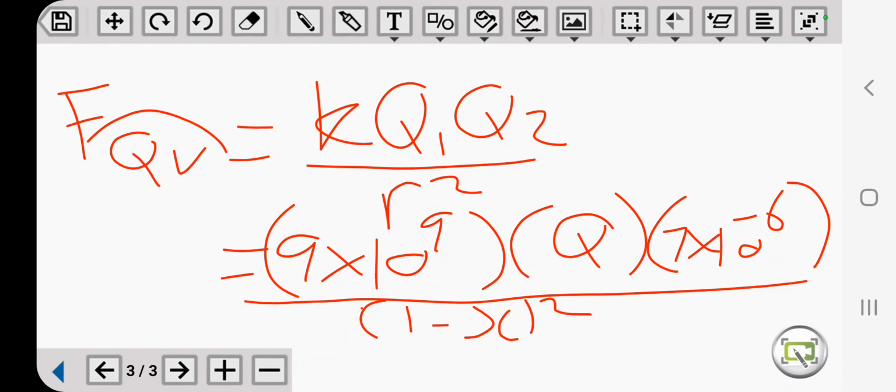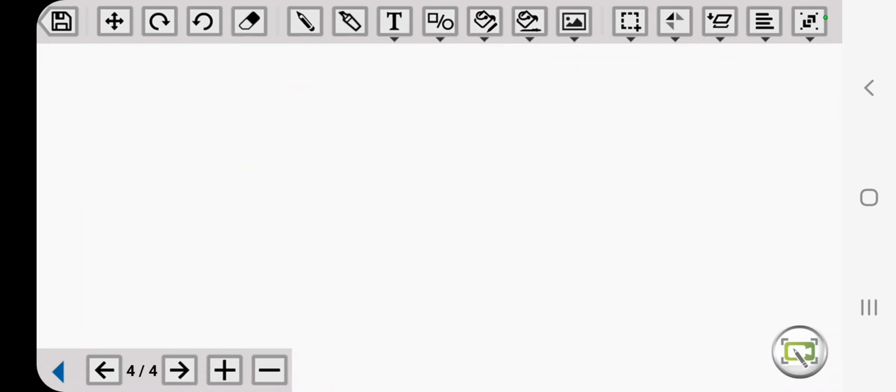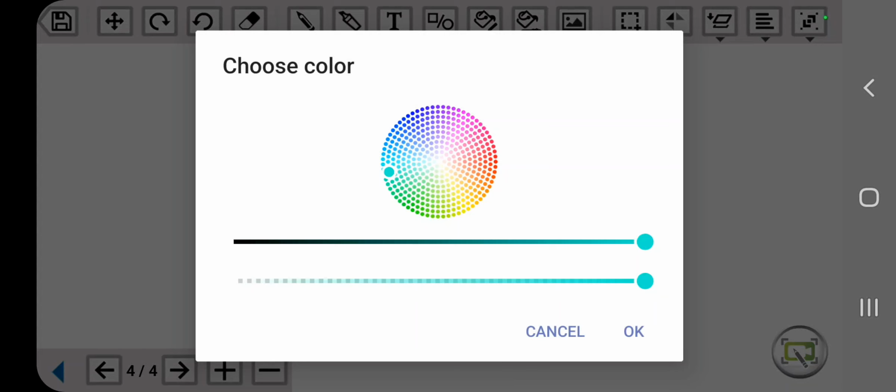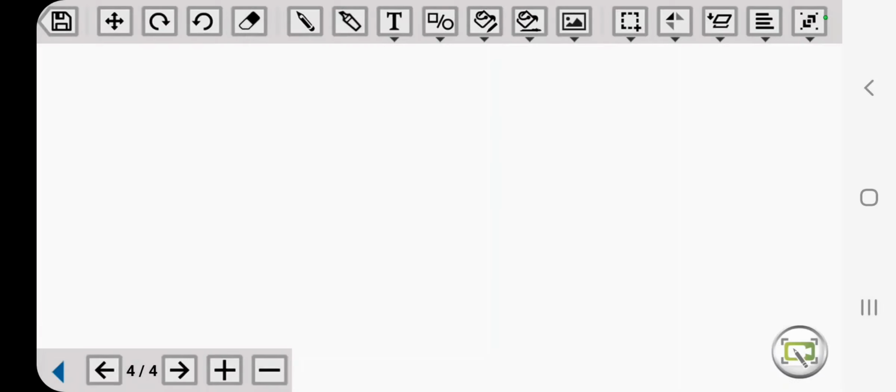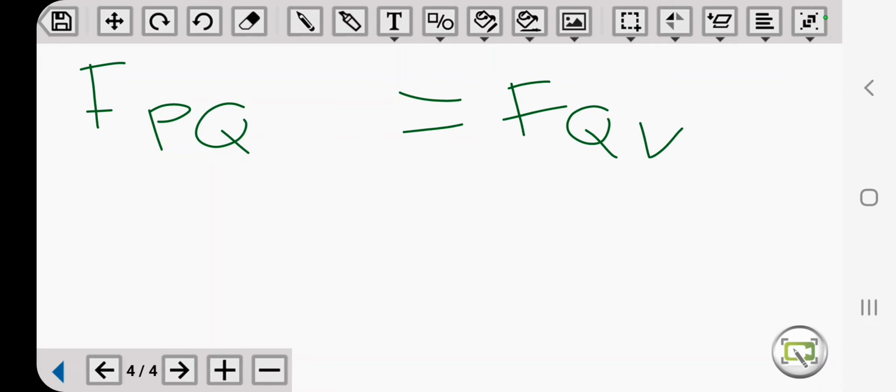We will not indicate a negative there, even though it's in the opposite direction, because remember, force equations do not have negatives in. So we say the F of PQ is equal to the F of QV.